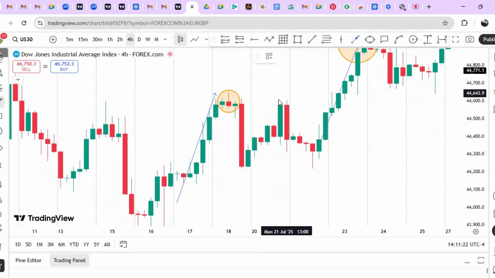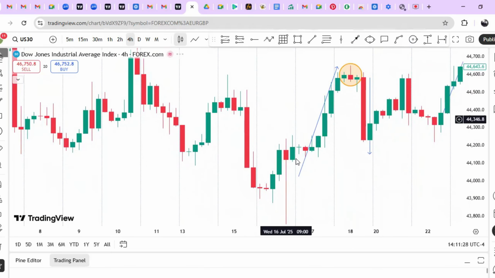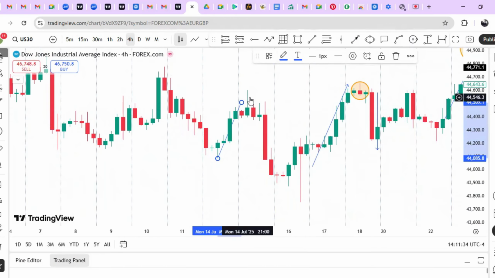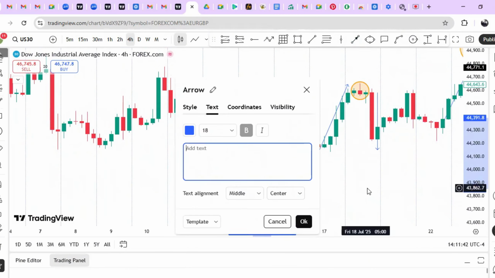What happened? We had a nice sell to the downside. Here again, the same thing. We had this nice push to the upside. The hammer, the Doji candle formed. What happened next? Nice push to the downside.